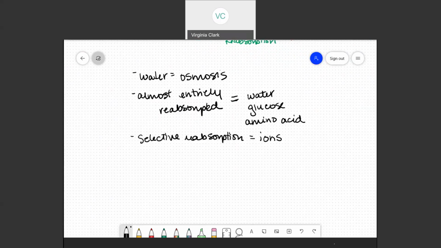And then there's some things that you will always want to treat as waste and get rid of. That will be urea, which is a nitrogen base, uric acid, which is also a nitrogen base, creatinine, which is a byproduct of cellular respiration and oxygen consumption, and then any kind of drug metabolites.